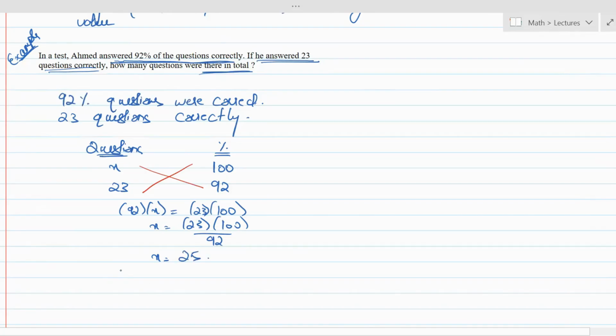That means the total questions which were there in the paper were 25. We did the reverse technique. With the change value given to us, we found the original value.